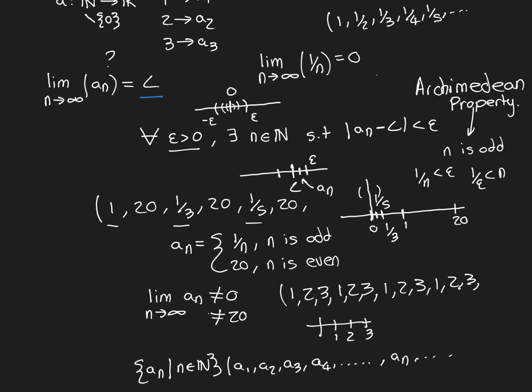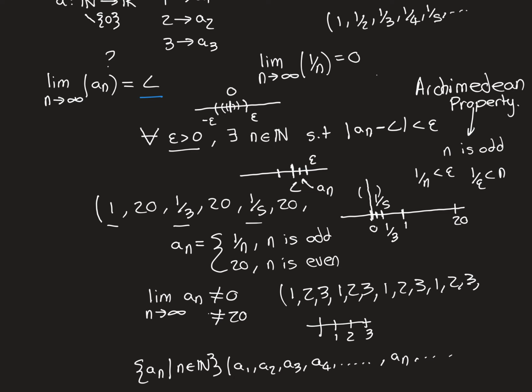That's the problem. That's what this isn't capturing. Really, for a sequence to truly have a limit, it needs to be the case that the terms of the sequence don't just get indefinitely close to the limit, but they also have to stay indefinitely close to the limit.